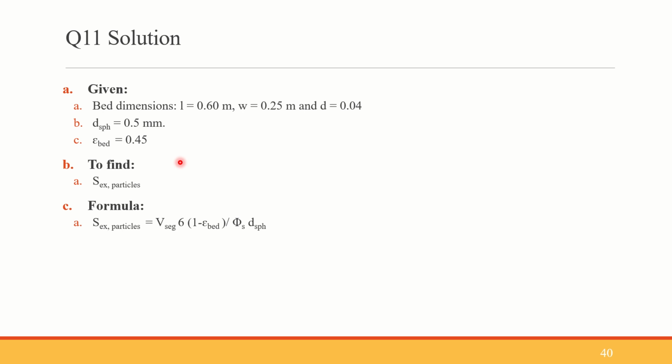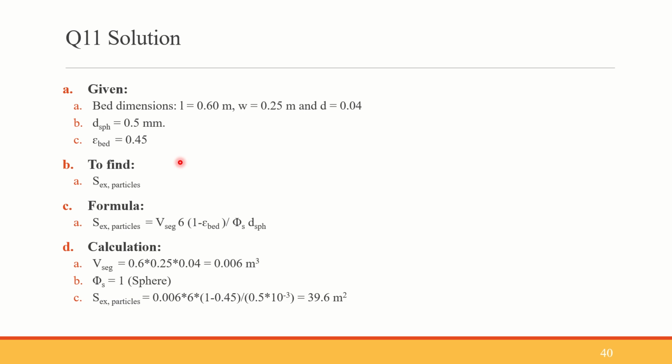For the volume of the bed we multiply length into width into depth, and we get 0.006 meter cube, and epsilon bed is directly given as 0.45. Phi s is the sphericity of the particle, which is 1 for spherical particles. dp is the diameter of the particle, which is given as 0.5 mm, so it is 0.5 into 10 power minus 3 meter. Substituting everything, we get the value as 39.6 meter square.